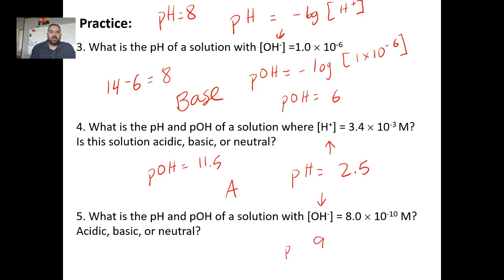So our pOH is equal to 9.1. Then to get our pH, we're just going to do 14 minus 9.1. That gives us 4.9 for our pH. So is this an acid or a base? This is going to be an acid.